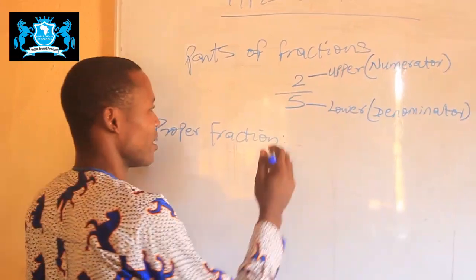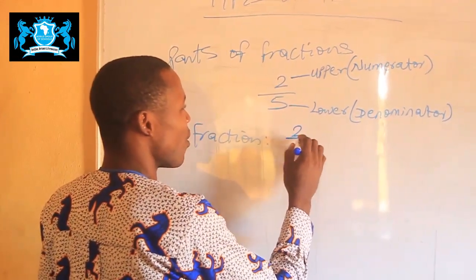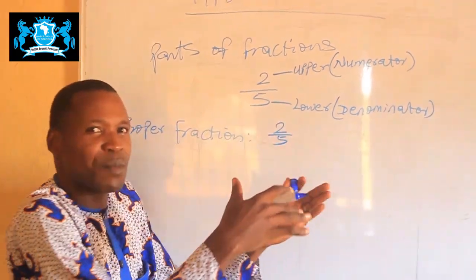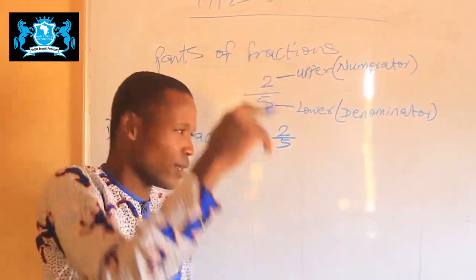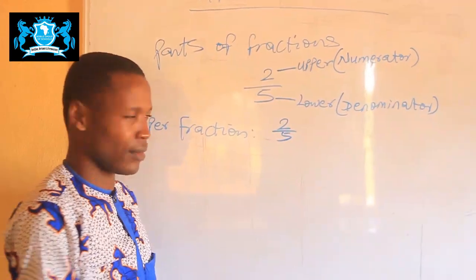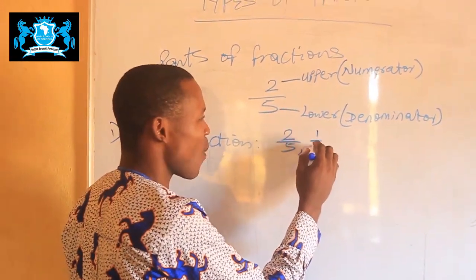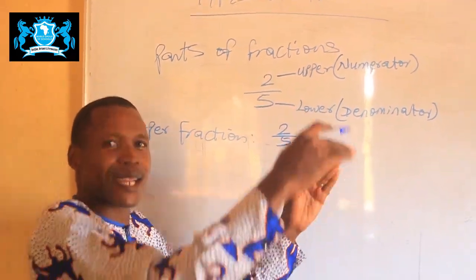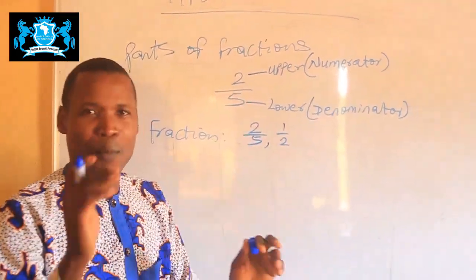For instance, if we have 2/5, you can see that the one under is bigger than the one up. You call it a proper fraction. If you have something like 1/2, you can see that the one under is bigger than the one up. You call it a proper fraction.